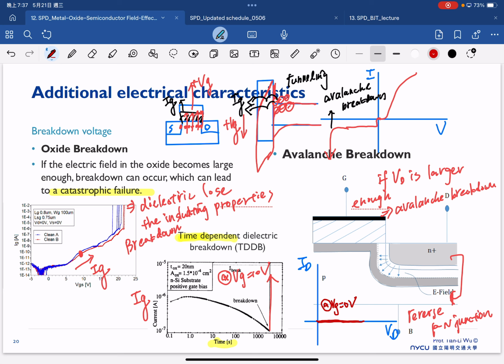But after a certain moment, this reverse PN junction will cause avalanche breakdown, then we start to see the current increase.